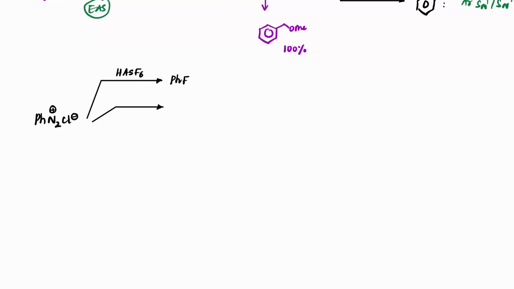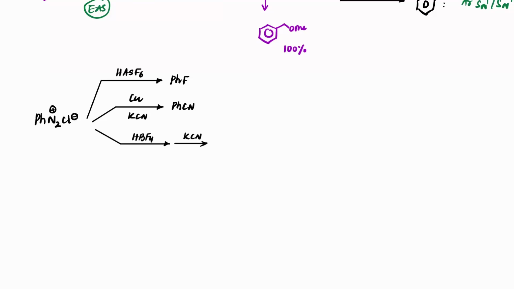Second, in case you react with copper and KCN, that will also convert into PhCN. Or if you react with HBF4, a salt formation is observed, followed by KNO2 without heating.